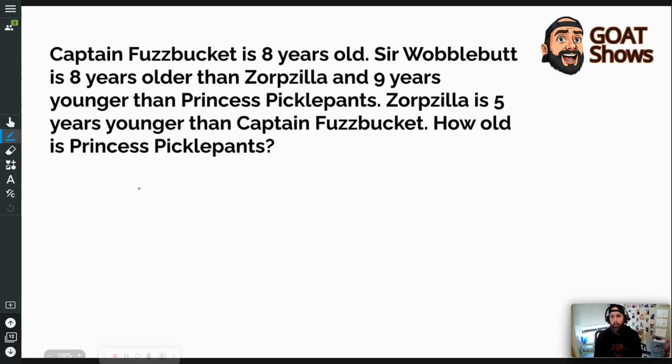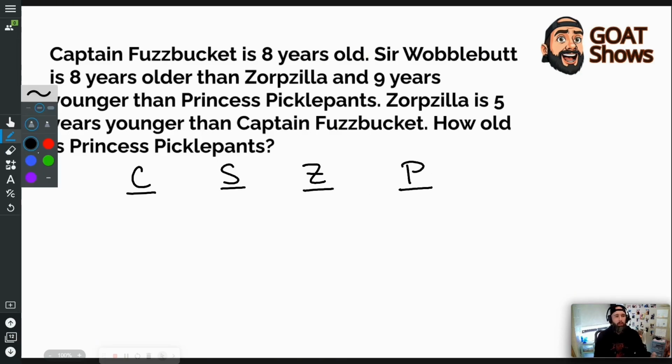All right, so we have Captain Fuzzbucket, C for Captain. We have Sir Wobblebutt, S for Sir. We have Zorpzilla, which is a Z. And we have Princess Picklepants, which is a P. Let's write out what we know. Captain Fuzzbucket is 8 years old. So Captain is 8. Sir Wobblebutt is 8 years older than Zorpzilla. That doesn't help us.